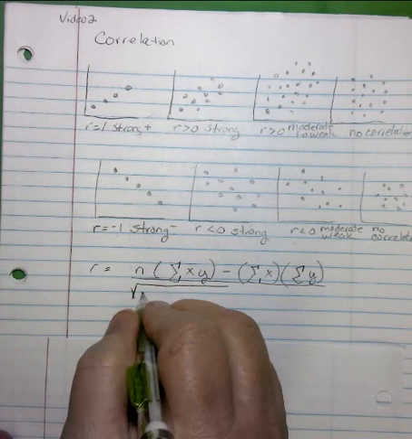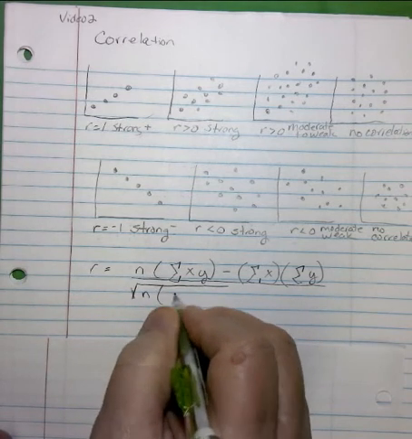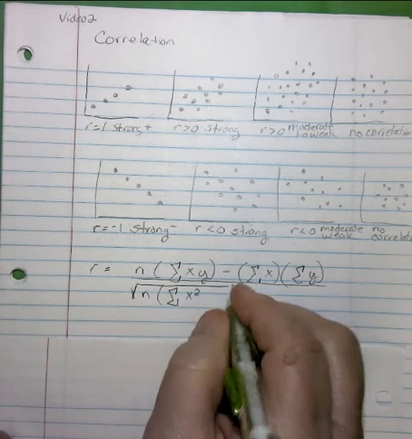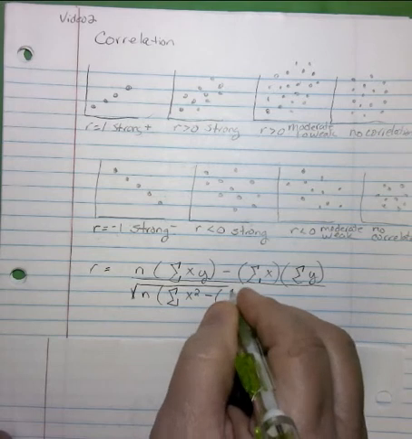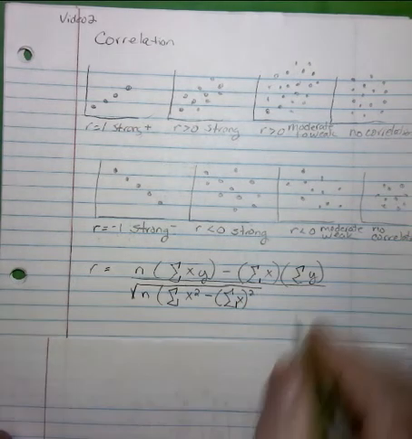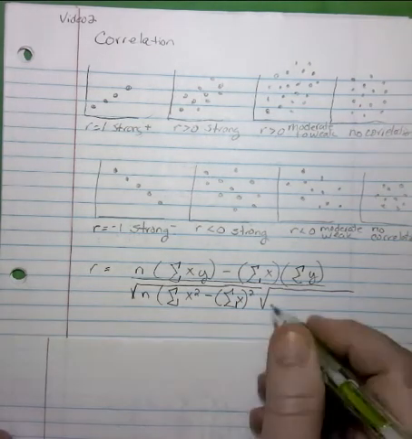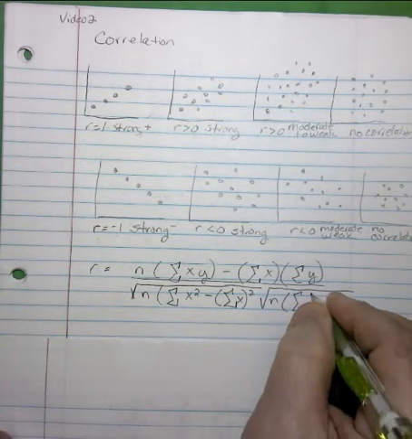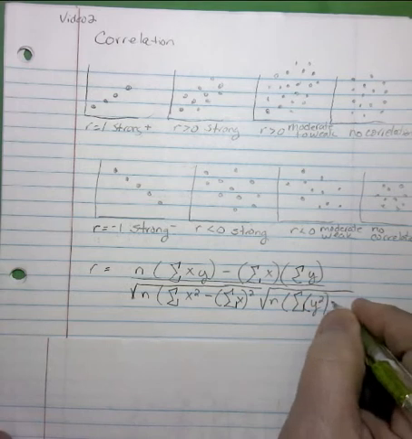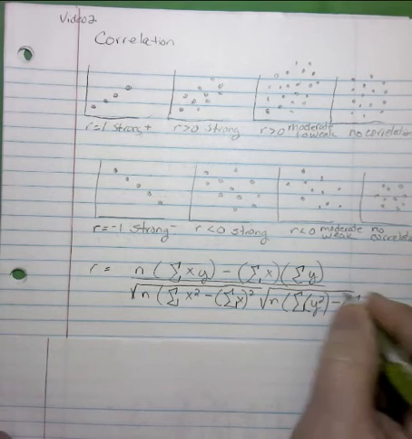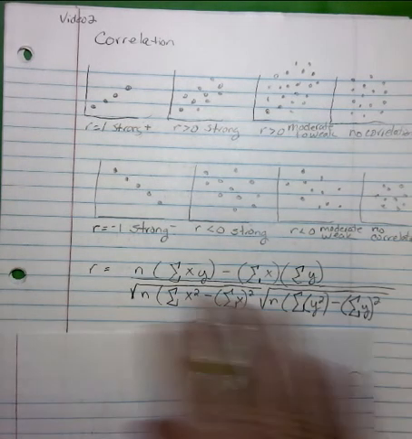So we have N times the summation of X squared minus the square of the summation of X. And then we have another square root symbol where we do N times the summation of y squared minus the square of the summation of y. And that's all under the square root sign, and that's all under that numerator.